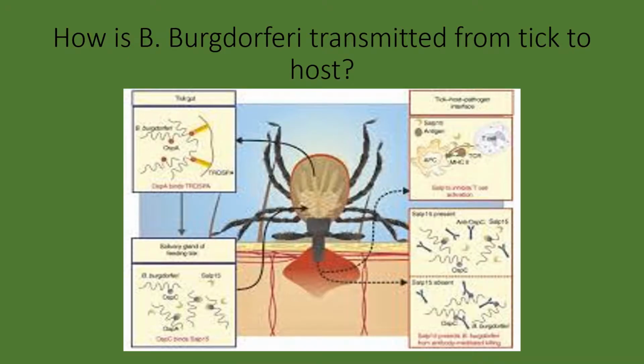So how is B. burgdorferi transmitted from the tick to the actual host? Once the tick is attached to the host, changes on the outer surface proteins called the OSP proteins begin.